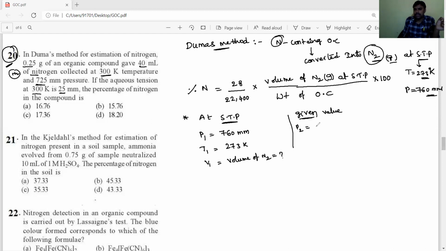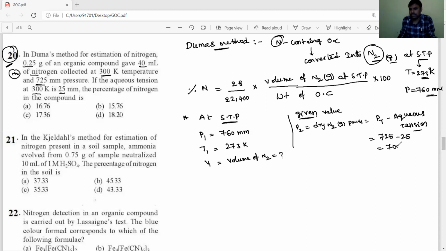P2 is the dry N2 gas pressure, which equals the total pressure minus aqueous tension. Then only we will get the dry gas pressure. The total pressure given is 725, minus 25 equals 700 mm.